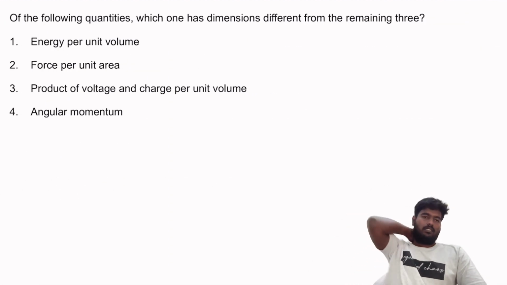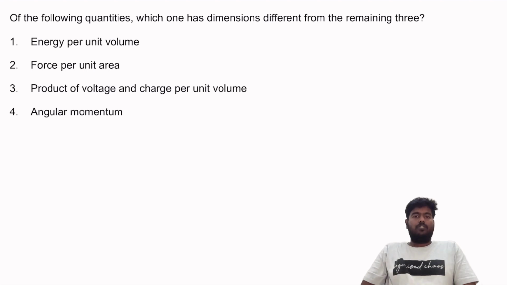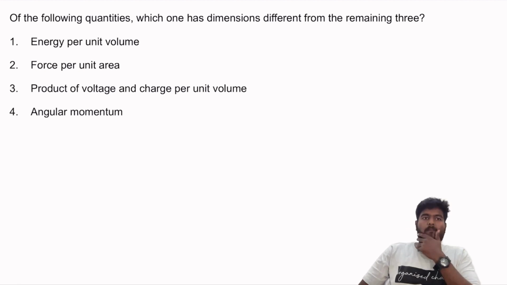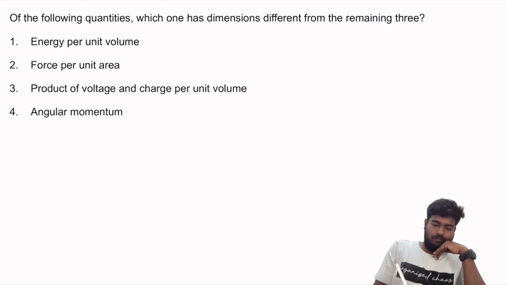Of the following quantities, which one has dimensions different from the remaining three? So we have to work out all the dimensions. Energy per unit volume: unit volume is L cube.